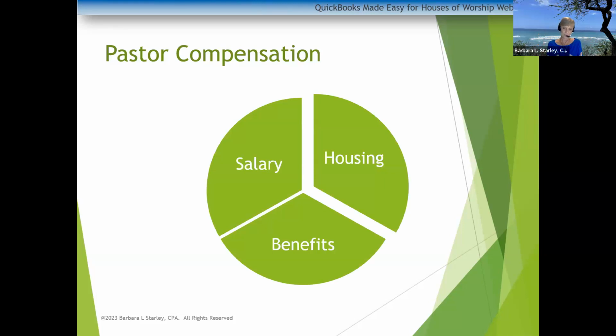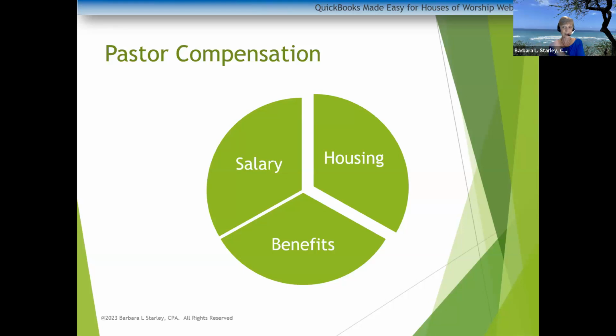If you think about it that way, it becomes important because if the housing allowance changes, the pie doesn't get bigger, right? If the housing allowance needs to go up because a pastor moves into a bigger home or whatever, we'll talk about how you qualify the amount.